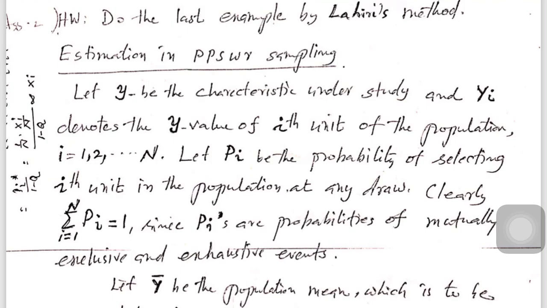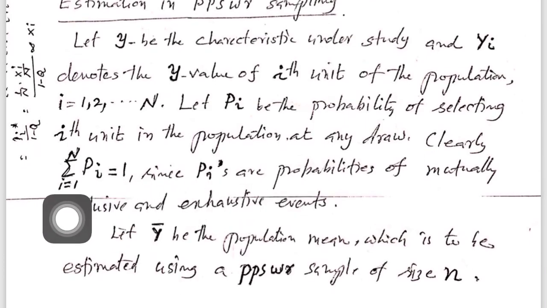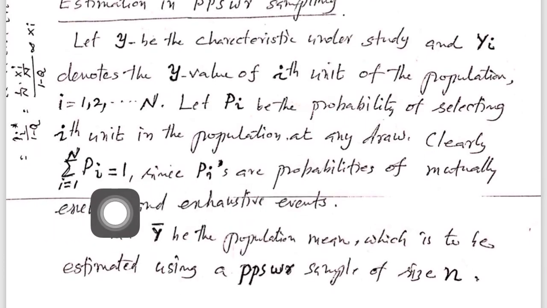That is another issue. Anyway, suppose that capital Pi is the probability of selecting the ith unit in the population at any draw. And you know, the sum over i equal to 1 to N of Pi is equal to 1, because as far as the first selection is concerned, either the first unit will be selected, or the second unit, or the third unit, and so on.